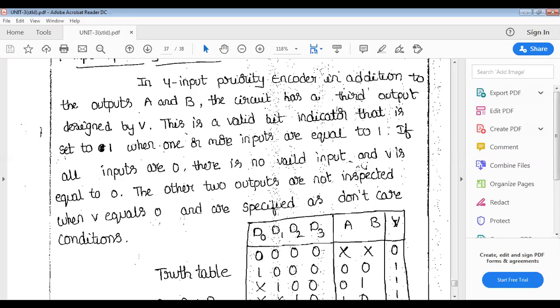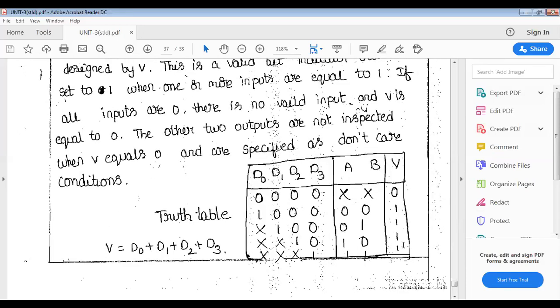When this value is 1, this is a valid bit indicator that is set to 1. See here, all the values are 1, 1.